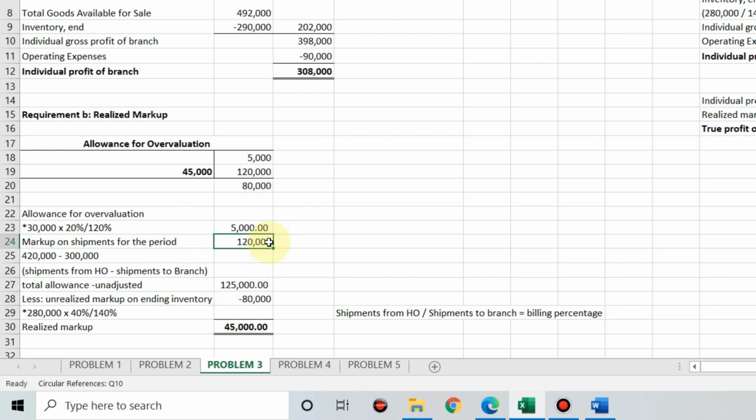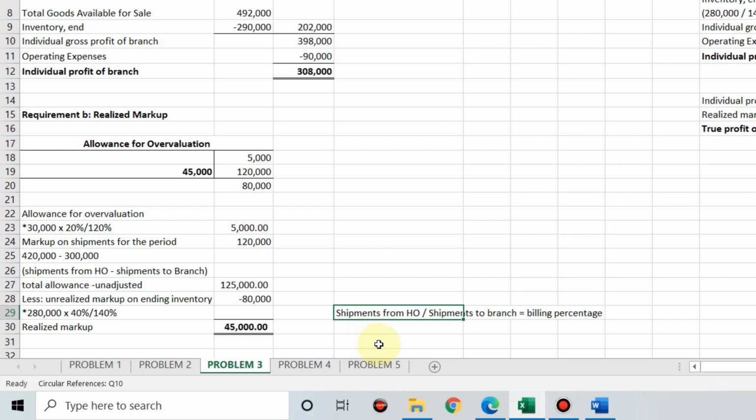You have to get the new billing percentage, and you need to always compute if the billing percentage of the beginning inventory is the same with the billing percentage of the ending. Okay? So, paano nako-compute yung billing percentage? Nasabi na natin, you have shipments from HO divided by shipments to branch.